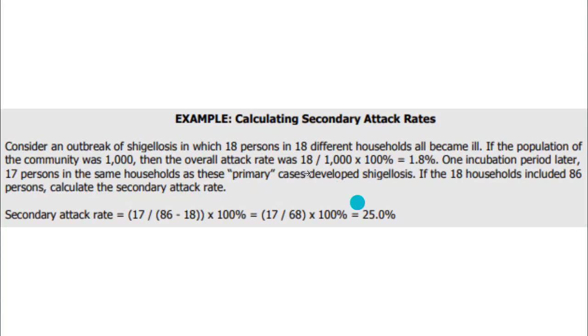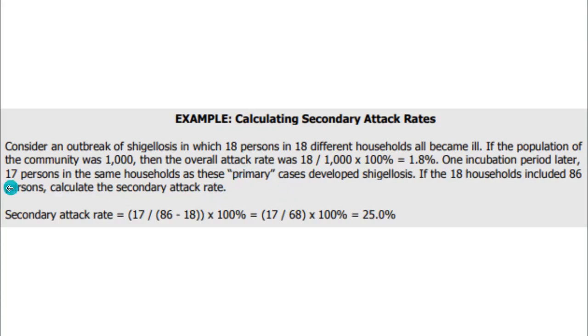So initially we had 18. And after a period later, another 17 people got infected because they were exposed, they were living within the same household as those people who first got the infection.